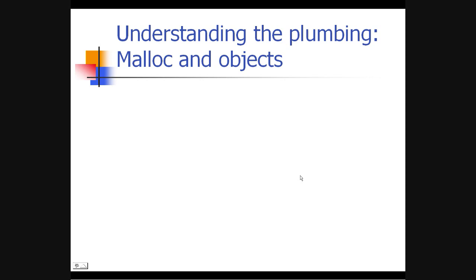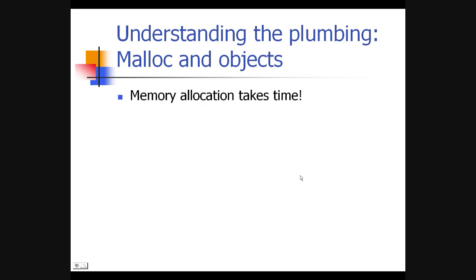In fact, your program is saying my string is a string, and automatically WinDev behind the scenes is reserving some memory in order to be able to store that string somewhere. Same thing for integers and anything like that. So each time you are creating variables, you are reserving a part of the memory. And memory allocation takes time.